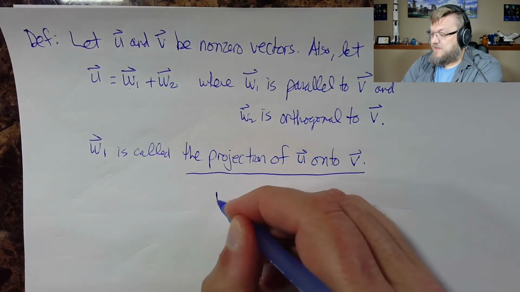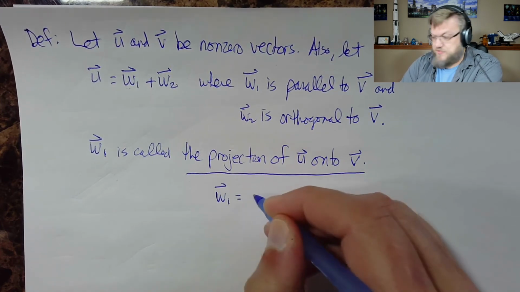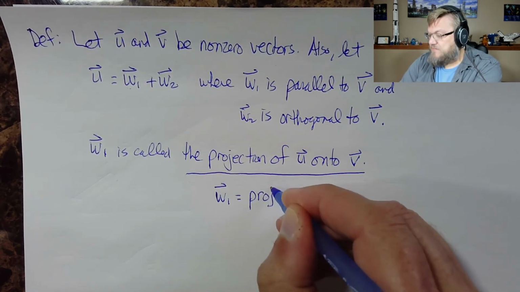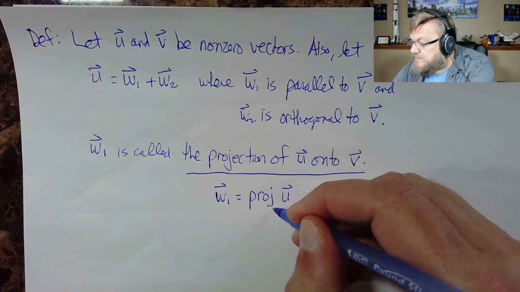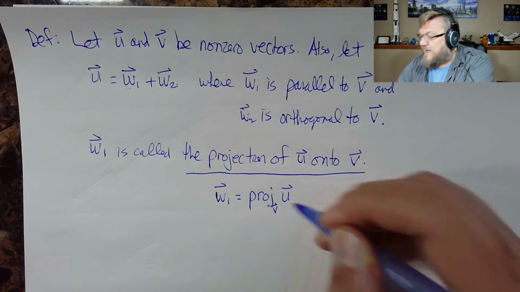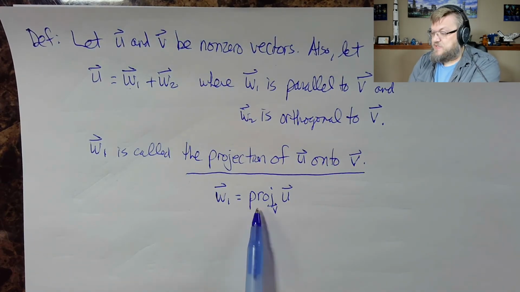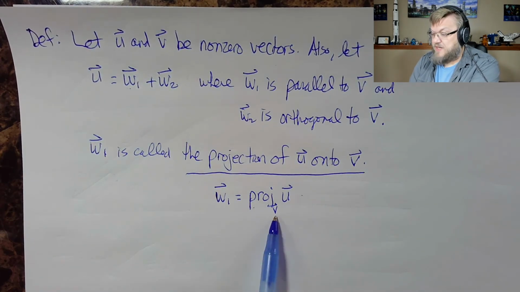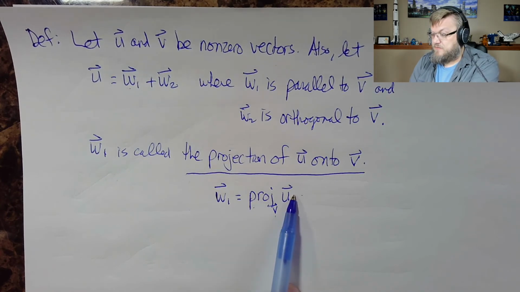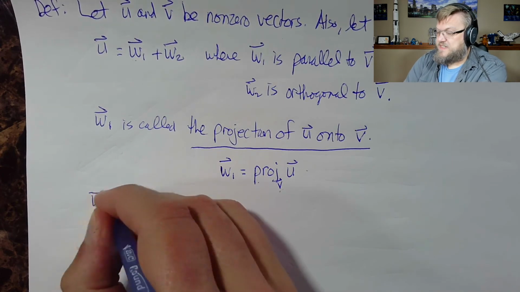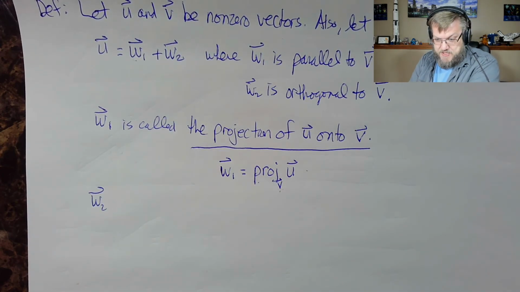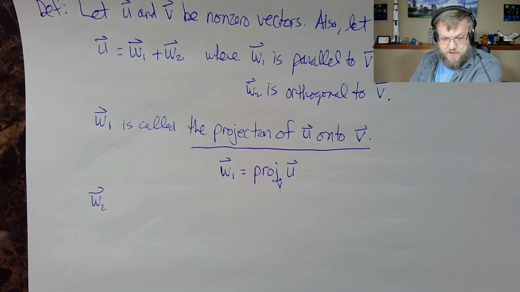So we will say the following: w1 equals proj, P-R-O-J, with v as a little subscript on the proj. This is read as the projection of u onto v. And if you're nervous about not seeing this, it's okay. We're going to draw a picture after this, but let me just get this definition out, and then we will make pictures and make sure that we understand what we're looking at here.